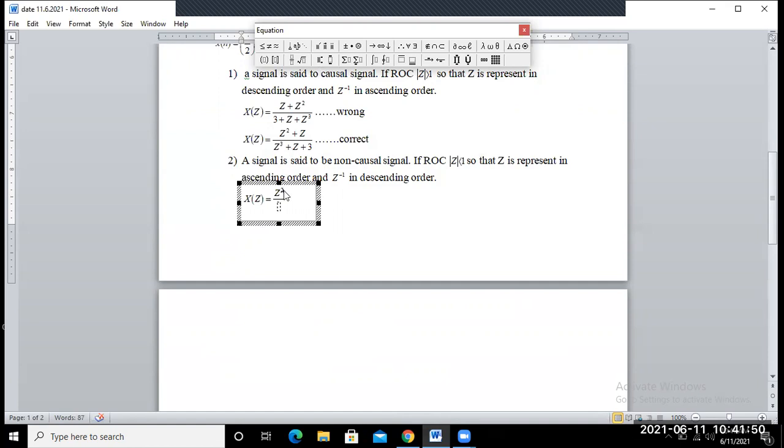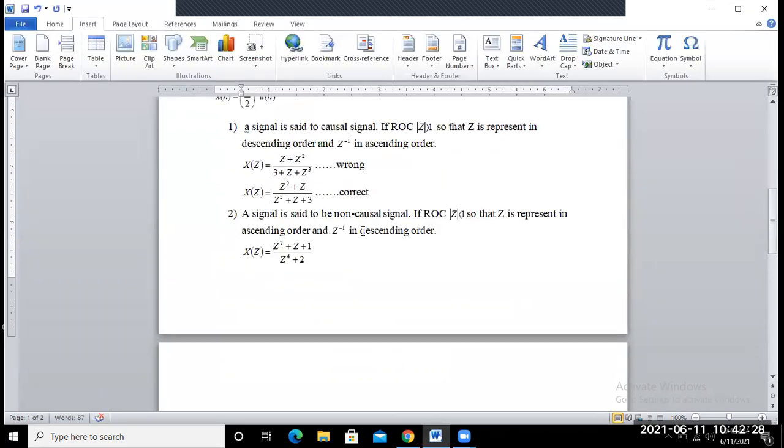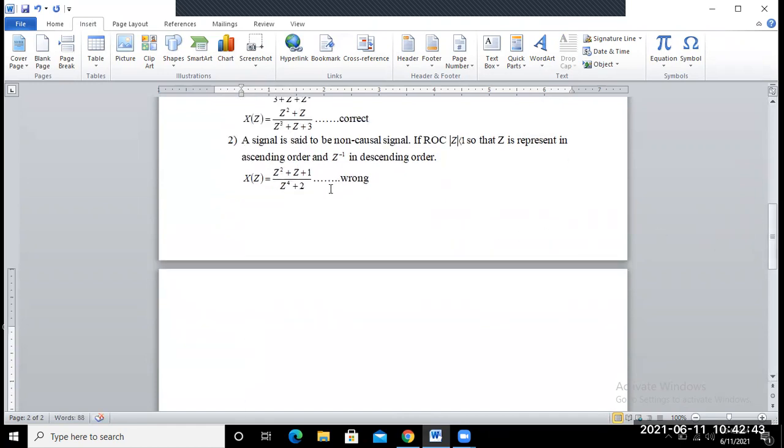So this is the wrong representation. This one should be represented as X(z) equal to 1 plus z plus z square divided by 2 plus z to the power 4.